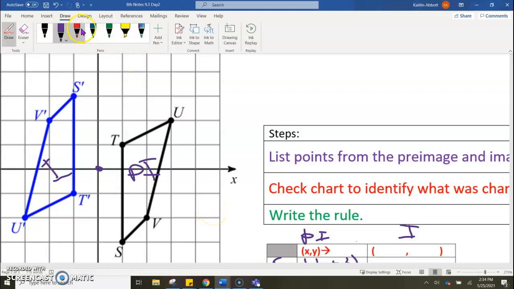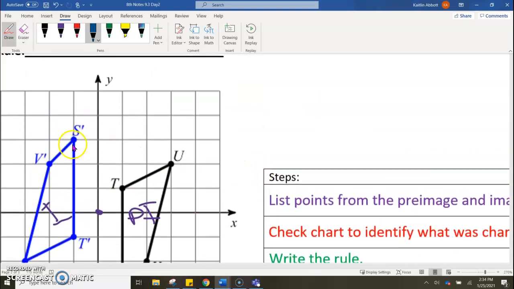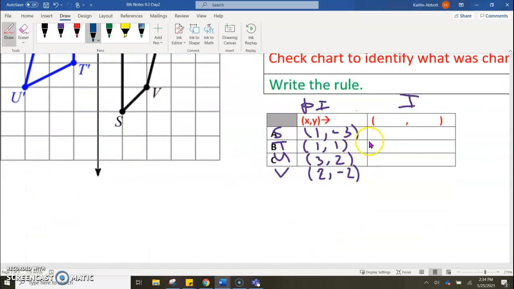Okay, so now let's change the color. Let's go to blue. Now I'm going to mark the ordered pairs for the primes. Let's start with S. S is now negative 1 and 1, 2, 3 up. So it's negative 1, positive 3.